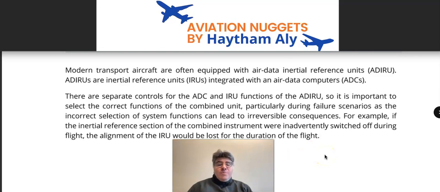We have accelerometers and gyros to calculate the aircraft acceleration in the three axes. By the integration of acceleration with time, we have velocity, and then a second integration of velocity with time, we have distance.